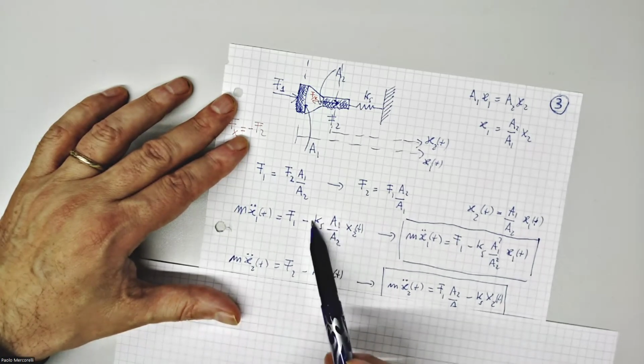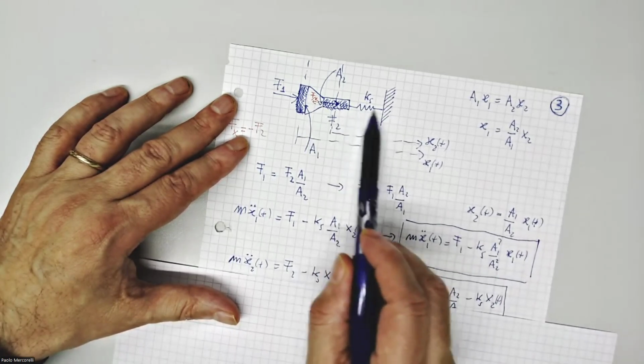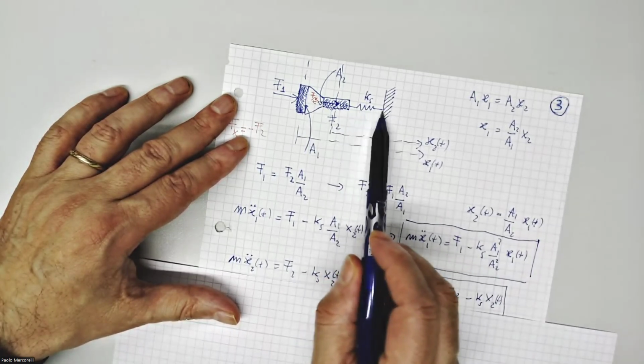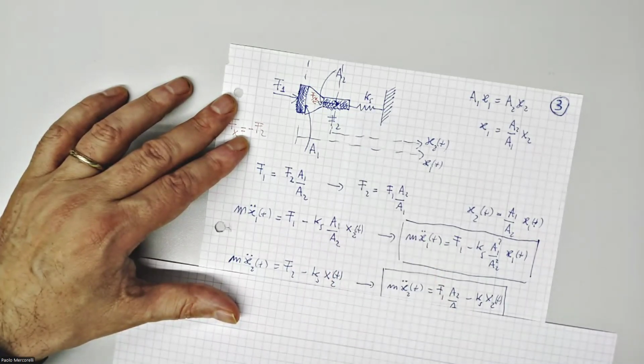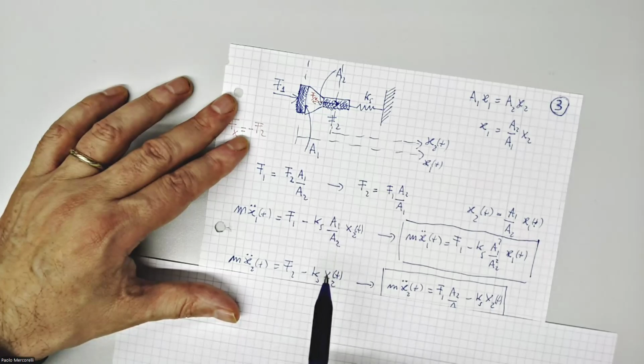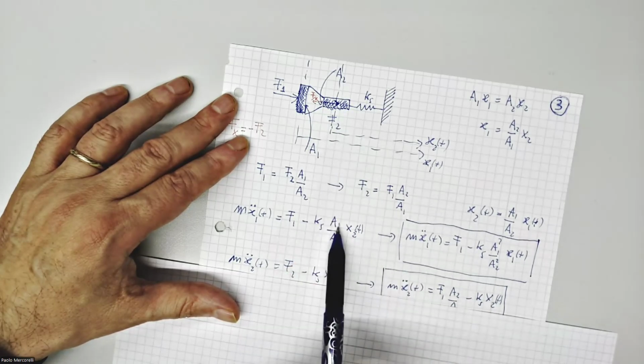Because Ks, which is this spring here, is multiplied by a displacement, which is, let me say, amplified by A1 divided A2.